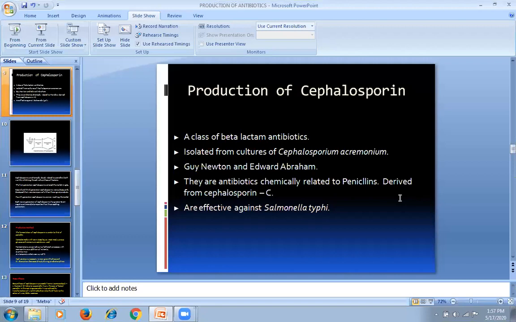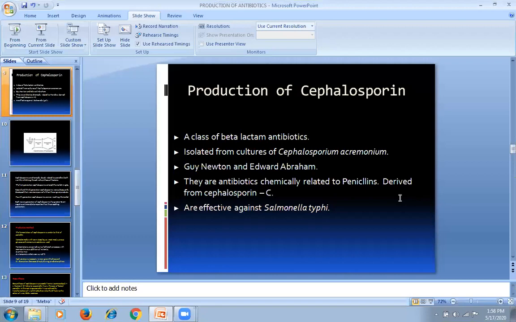Structurally and pharmacologically, they're related to penicillins, and they have a beta-lactam ring structure fused to a six-membered dihydrothiazine ring, thus forming the cephem nucleus. These cephalosporin compounds were first isolated from cultures of Cephalosporium acremonium found in sewage. As I told you, they are chemically closely related to penicillins.